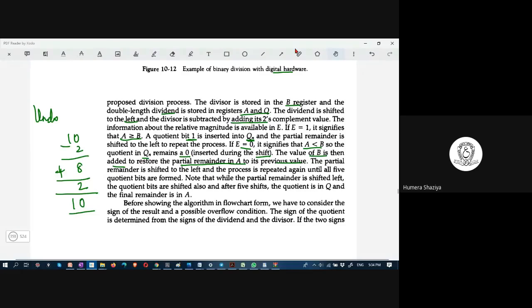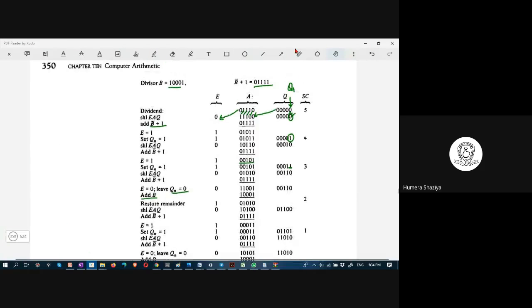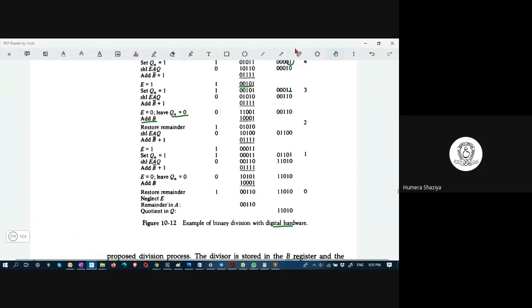The partial product is then shifted to the left, and the process is repeated until all 5 quotient bits are formed. In Q, you have the outcome, which is the quotient. Initially it is storing a part of A, but at the end, it gets the quotient value.